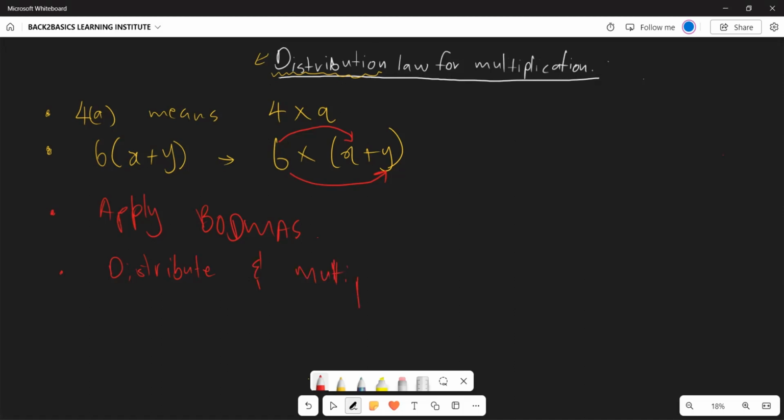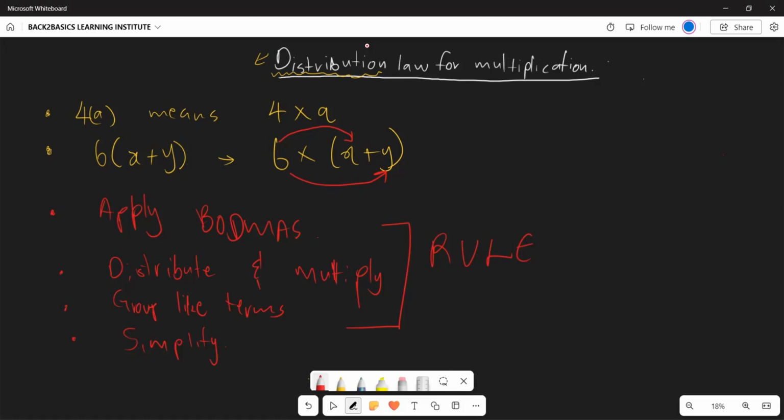After that, you group the like terms, and after grouping like terms, you then simplify. These are the key rules we are going to use when doing the distributive law for multiplication.